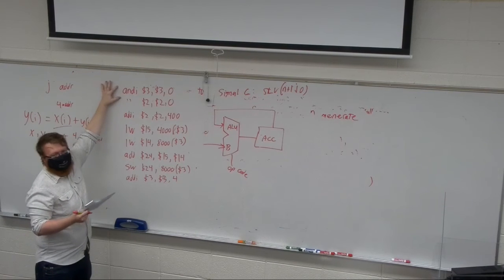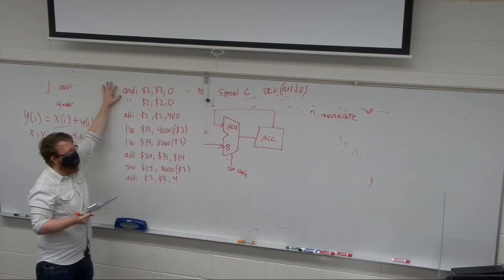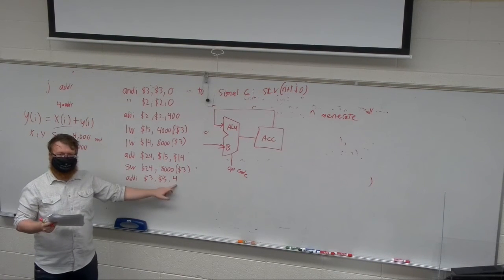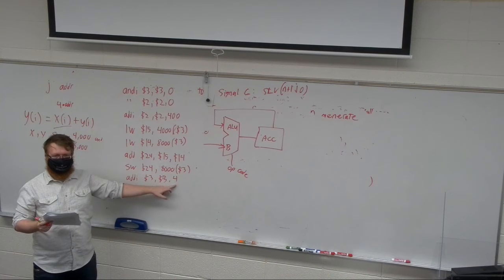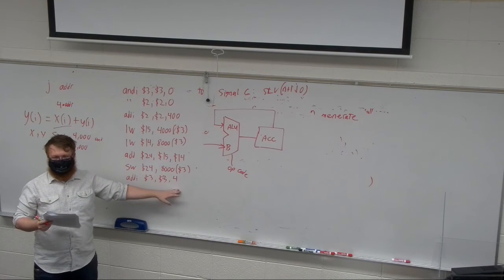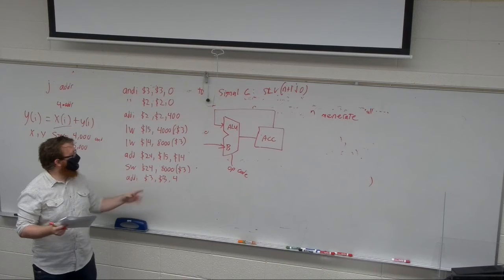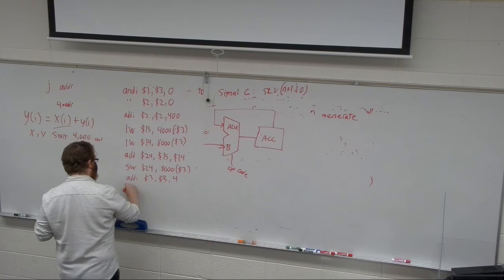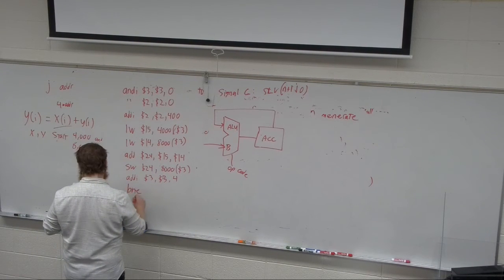So this is our loop counter, keeping track. We started at 0, and now we're adding 4 to it over and over again, because of the byte addressing. But when do we stop? Because we need to make sure we go back. So I'll use that BNE that we just mentioned.